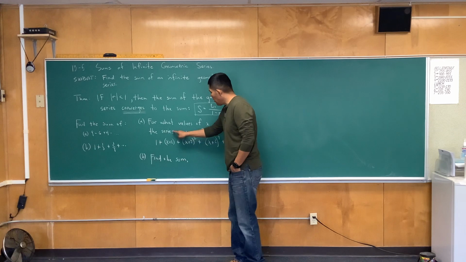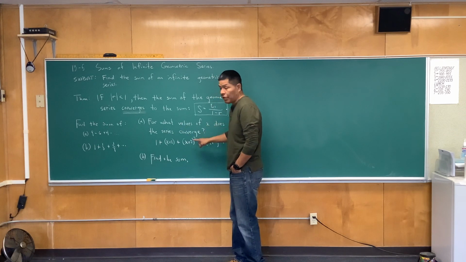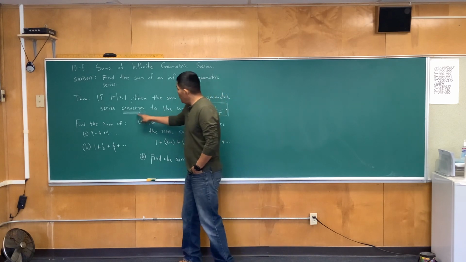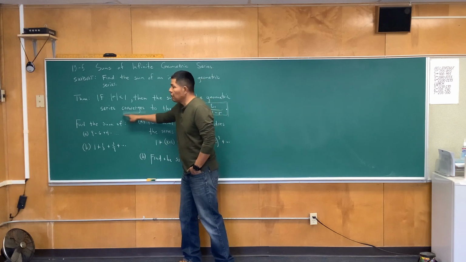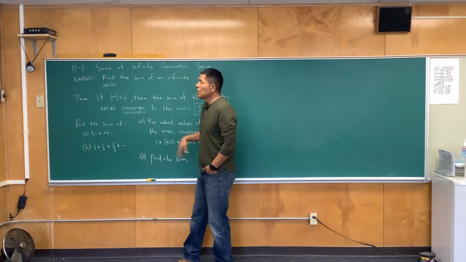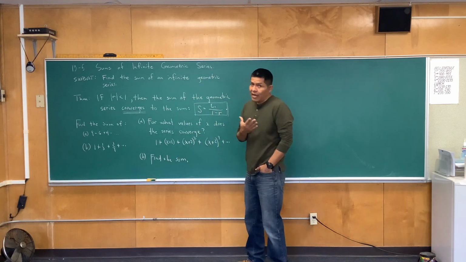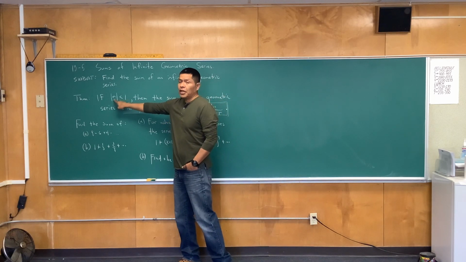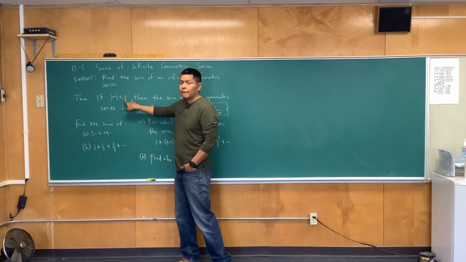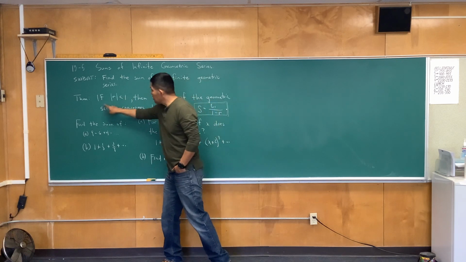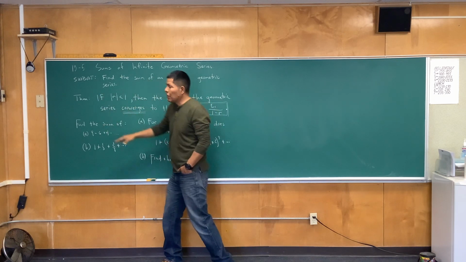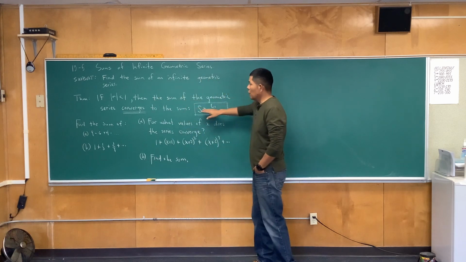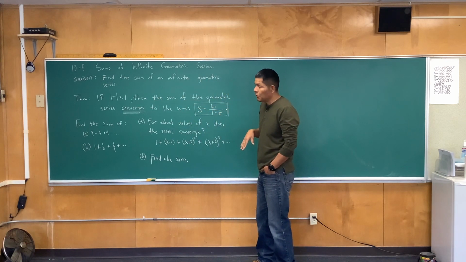Because remember, we have this convergence right here. When will our series converge? The only time that this series will converge is if our ratio is less than 1. So this is the prerequisite for converging sums or finding sums of geometric series.